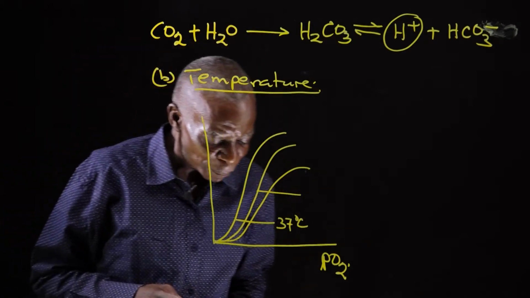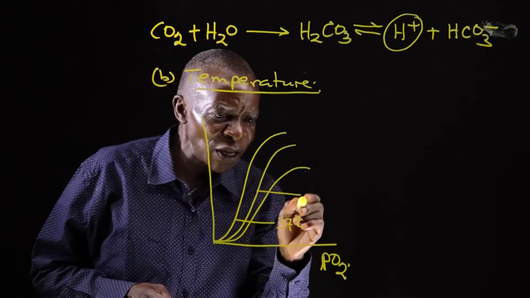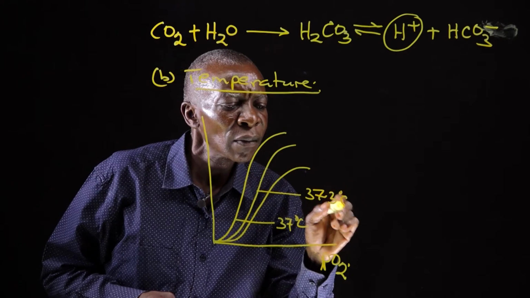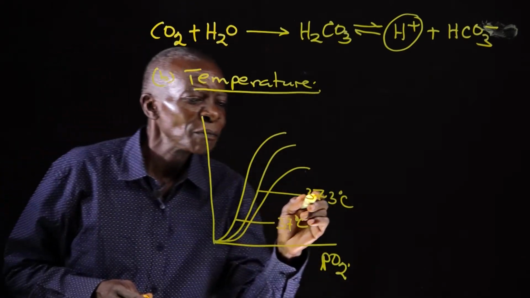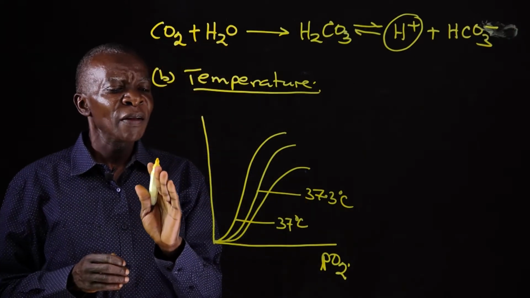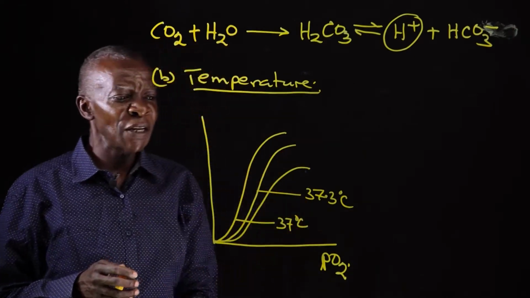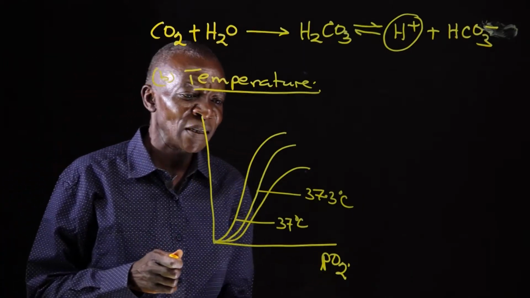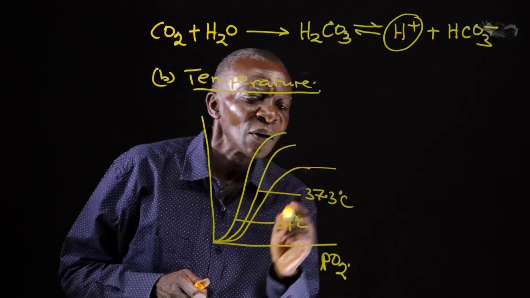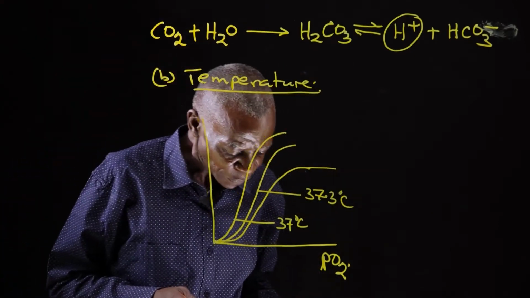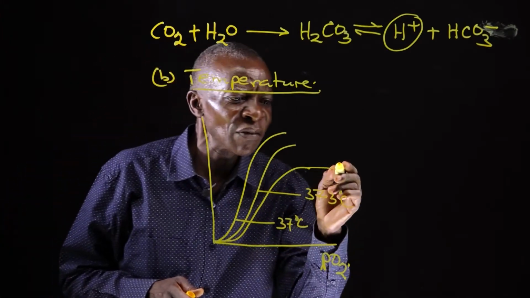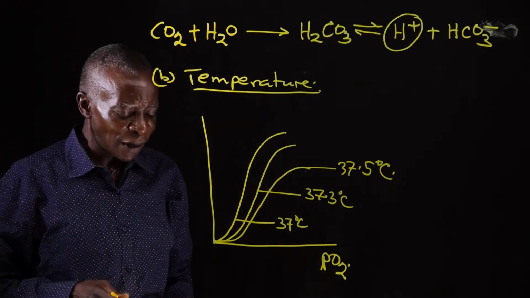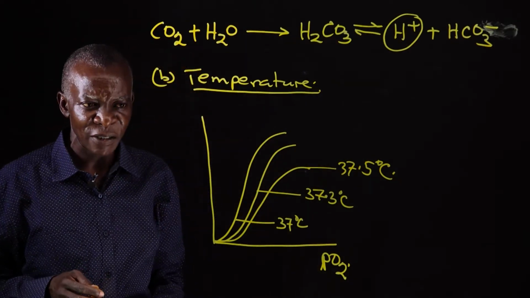When it became maybe 37.3 degrees centigrade, we have the oxygen dissociation curve slightly displaced towards the oxygen partial pressure axis. And with maybe 37.5, here is where the oxygen dissociation curve is.